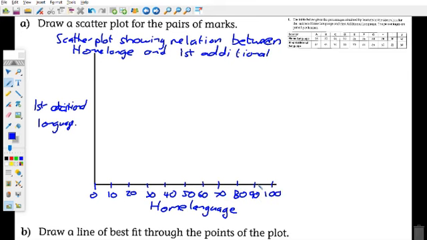Yes, you can use it, that's a very good idea. So we're going to use the scale here. From left to right, 1 centimeter equals 10%. Then I'm going to do the other way here: 0, 10.